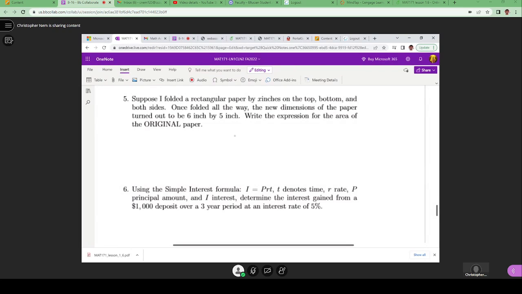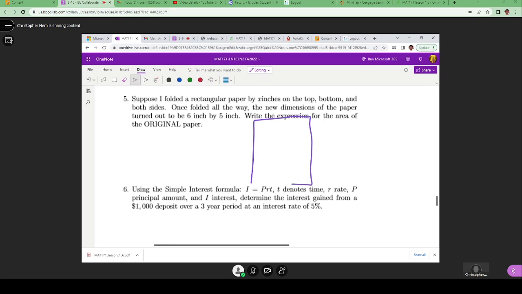So what it's saying is that I have a paper. Boom. And I did some folds to it. In particular, my folds are going to be from the top, bottom, and sides. And each of these are being folded by the same value, X distance. X distance here.